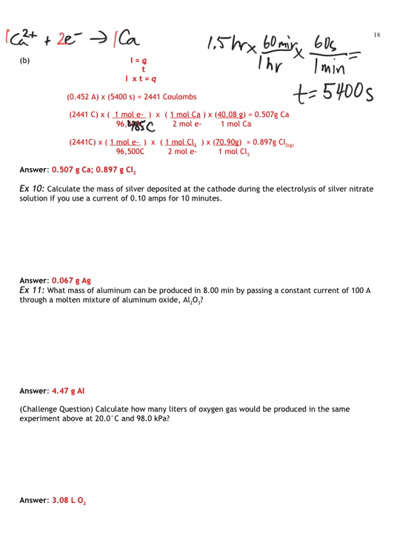I would do this the same for the next instance. We're starting off with the same amount of coulombs, and you're figuring out how much chlorine gas forms. All you're doing is stoichiometry right here, and then dimensional analysis to get the grams of chlorine gas.